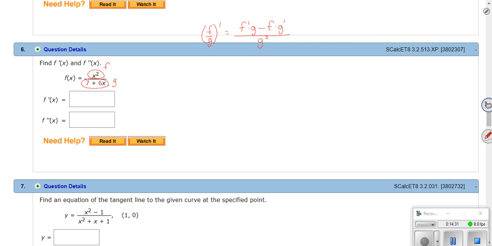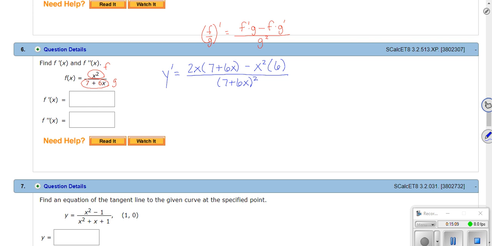Okay, so I'm just going to call this Y. So I'm going to say Y prime equals F prime, which is 2x, times G minus F, which is x squared, times G prime, which is just 6, all over G squared, 7 plus 6x squared. So again, f prime times g minus f times g prime all over g squared.